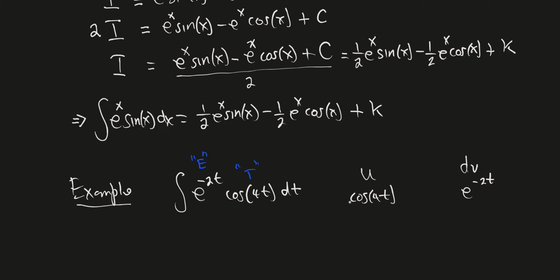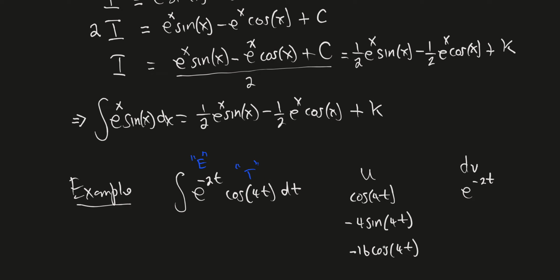If I differentiate this once, I will get -4 sine of 4t. That's our chain rule in progress. If I differentiate it again, I'm going to get -16 cosine of 4t, right?